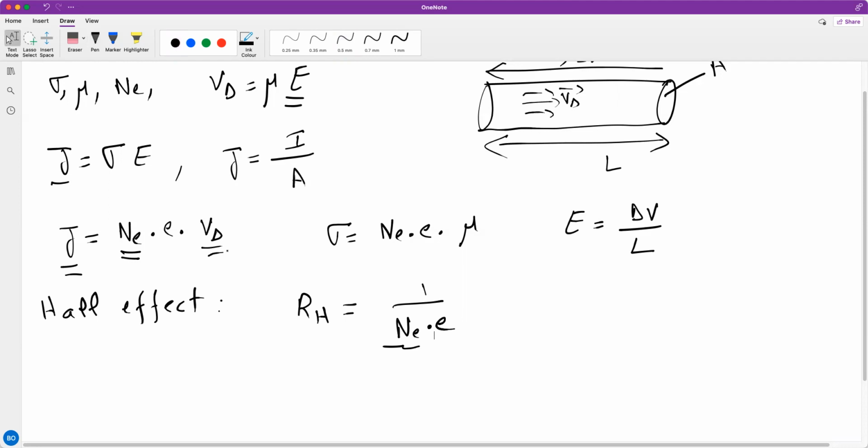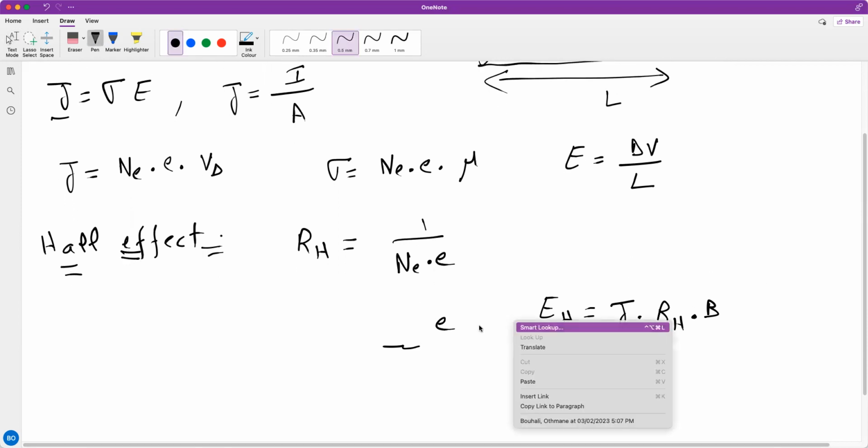And then we calculated the whole electric field due to this magnetic field, which is equal to the current density of the original circuit times the Hall constant, times the magnetic field applied. Again, you can play with these equations.